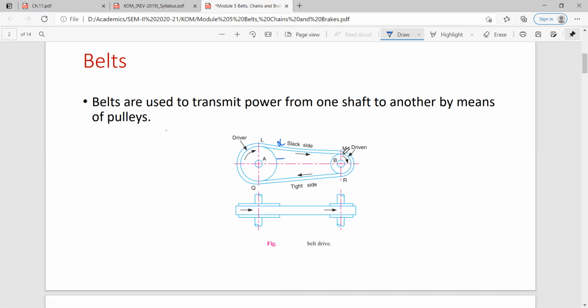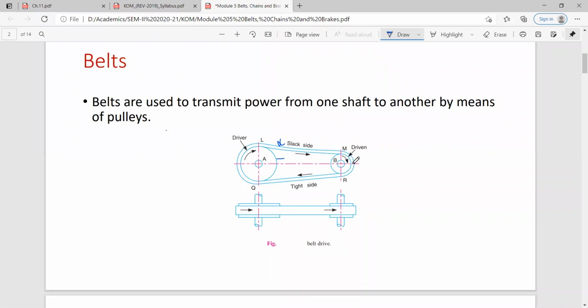If by any reason friction is not sufficient between pulley and belt, then what will happen? Slip will happen. The belt will only move and it will not rotate the pulley with it at some point. Because of that, loss of speed will happen.